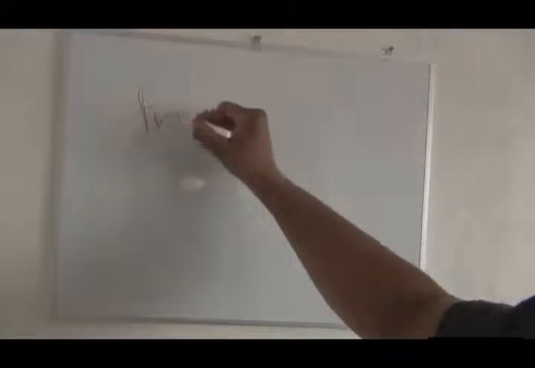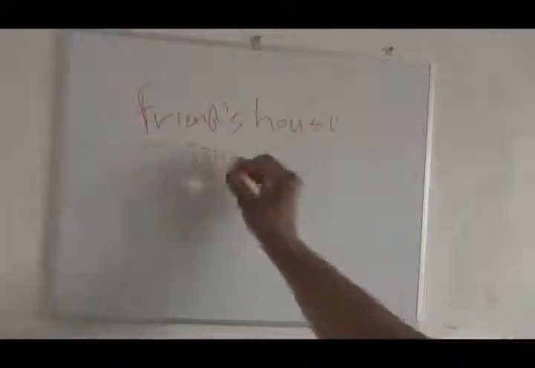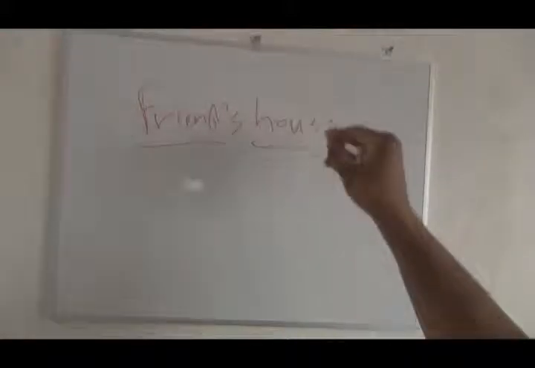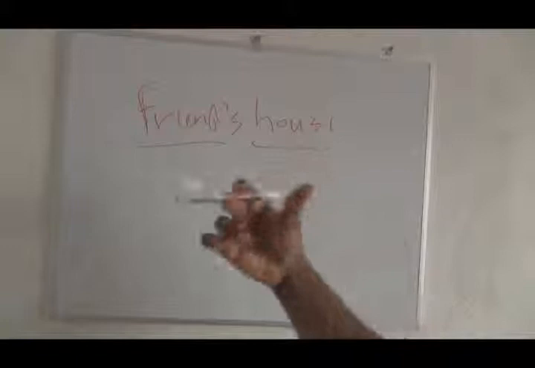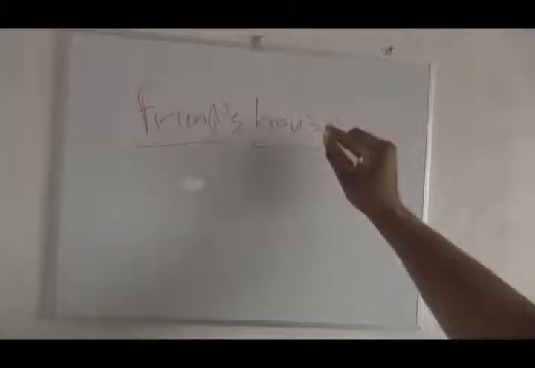Like you go into your friend's house. You go into this person's house. They own this house. They pay rent or mortgage or pay the bills for that house. Their name is on the lease. It's their house. So apostrophe S, house.